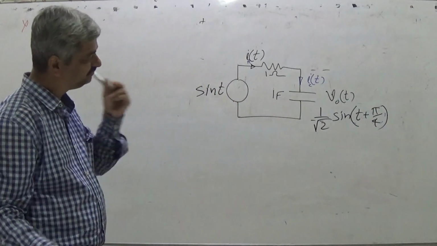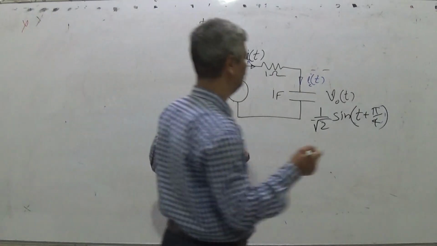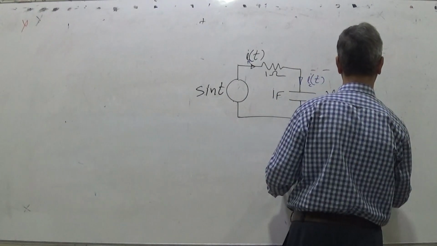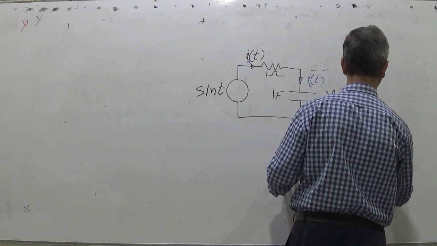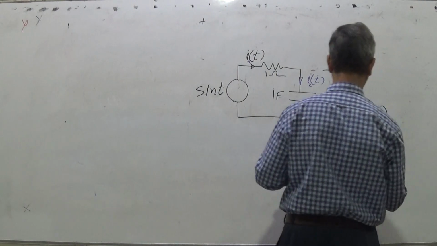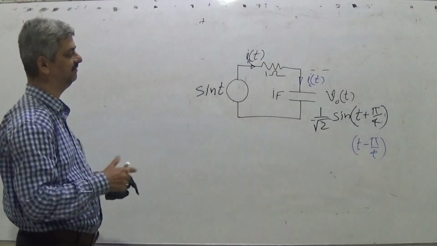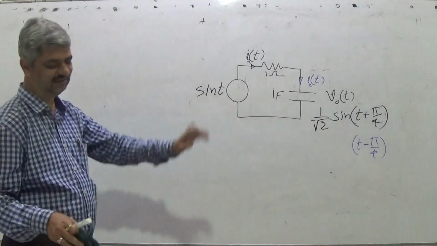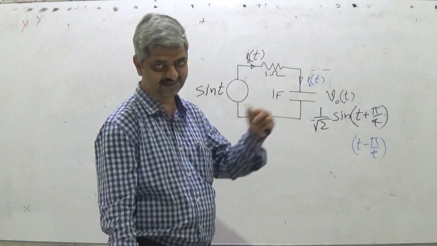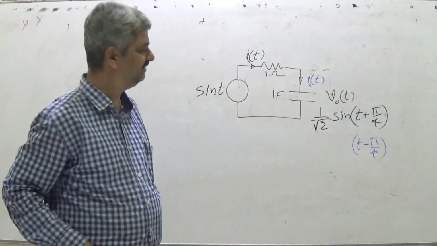Or you can cross check this for minus pi by 4. Somewhere you will be getting the correct value. You can just re-verify.